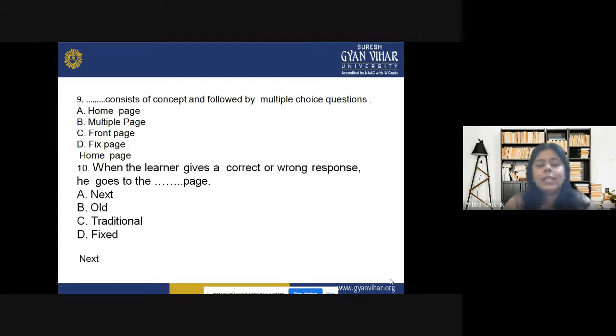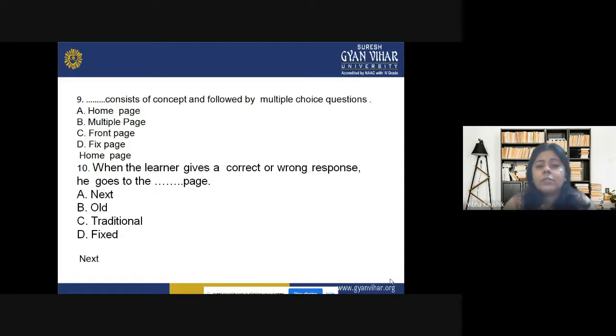So, we can say a home page consists of concepts, means some concept, information, or subject matter will be shared on that particular home page by the programmer to the learner.